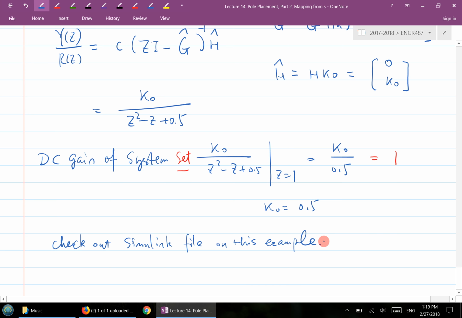If you change the gain, you won't get zero steady state error, but if you choose the calculated gains that are here, then you will be able to get the desired system response. I'll upload this later.